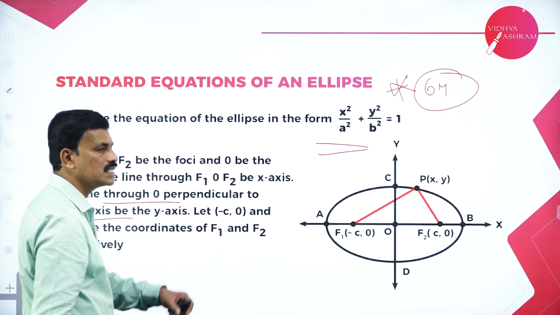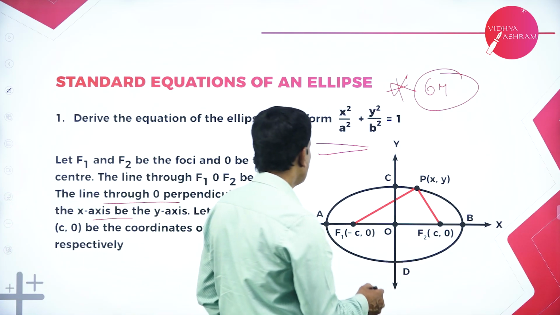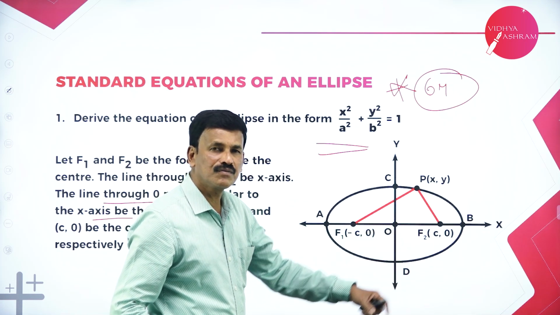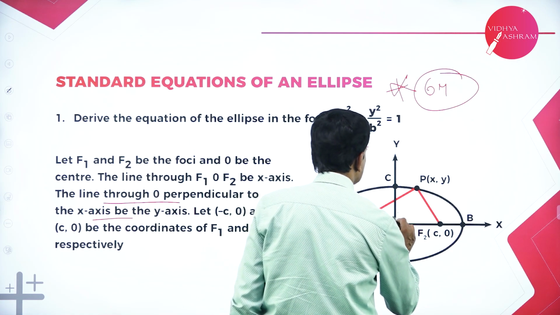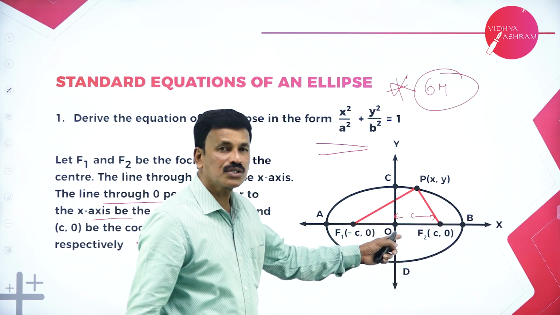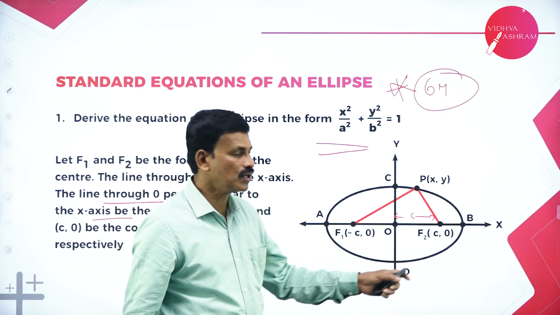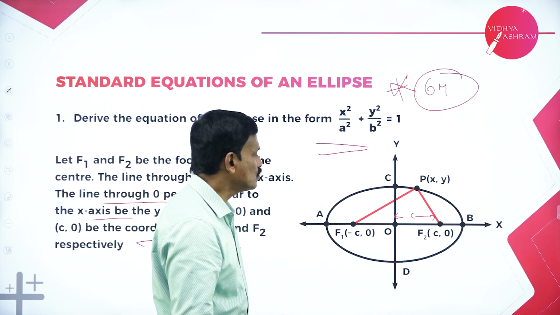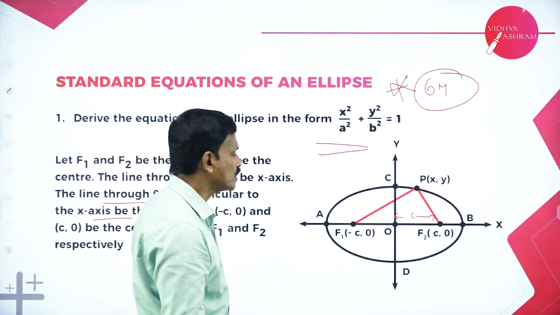Therefore, the coordinates of the foci are F1 equal to minus C comma 0 and F2 equal to C comma 0. We know the distance from this point to this point, OF1.